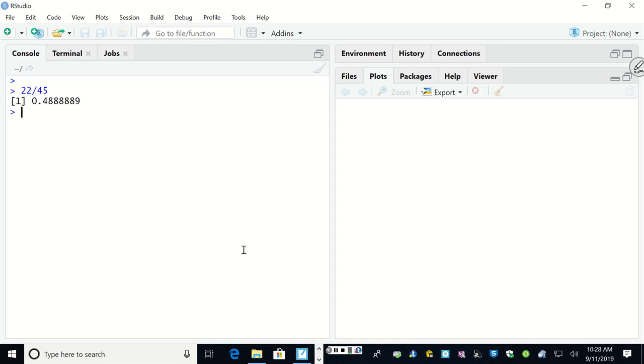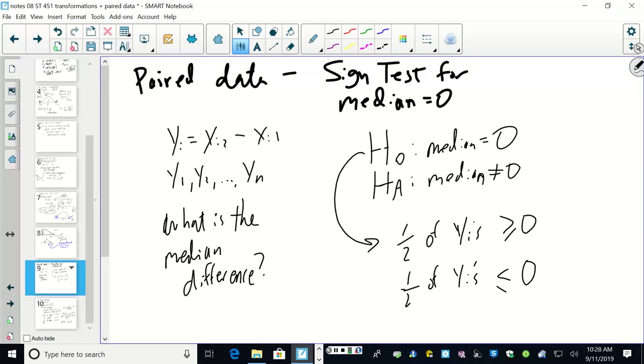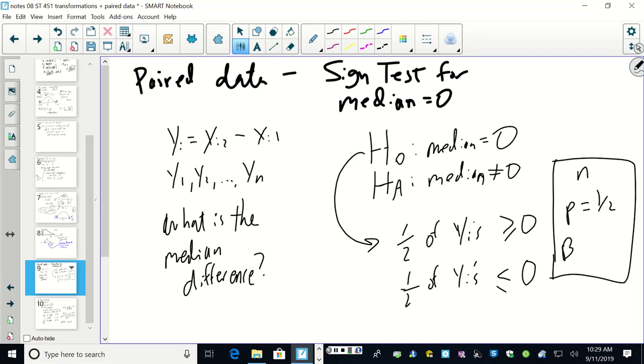I forgot to say one thing. Under this, if we have n trials, and a probability of 1/2 that you're greater than 0, and the trials are independent of one another, then we're dealing with a binomial distribution.